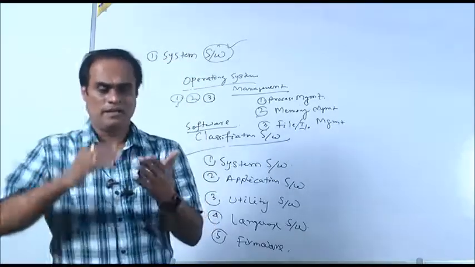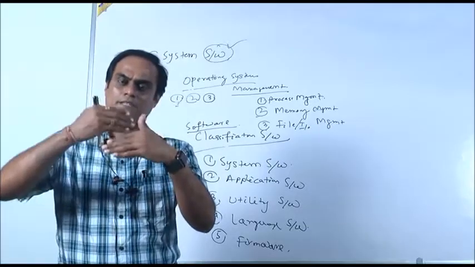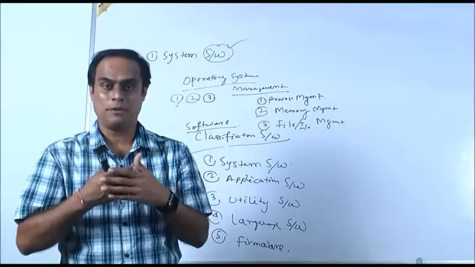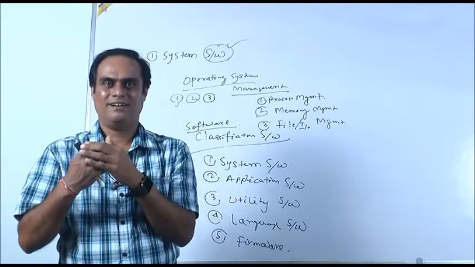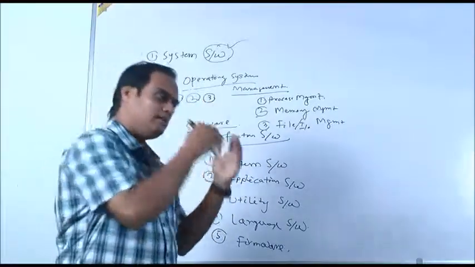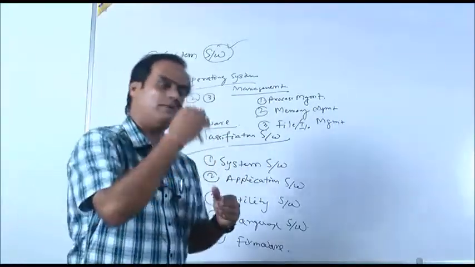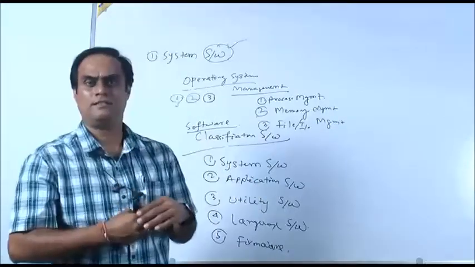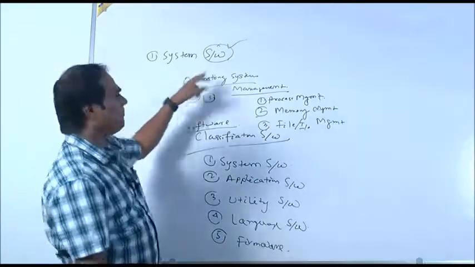For what purpose? The computer is preparing itself to be ready to provide the service to the user. Who will use the service? The user. And who will provide the service? The computer, but how? With the help of the operating system.